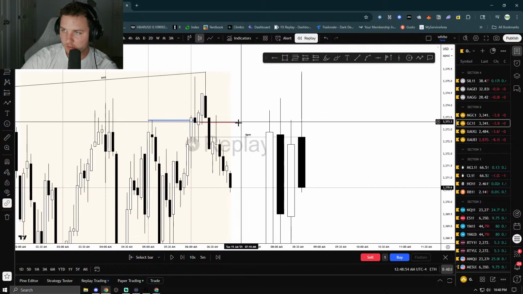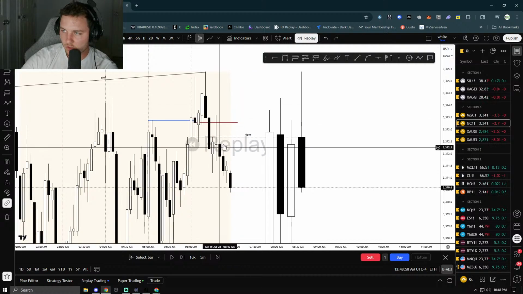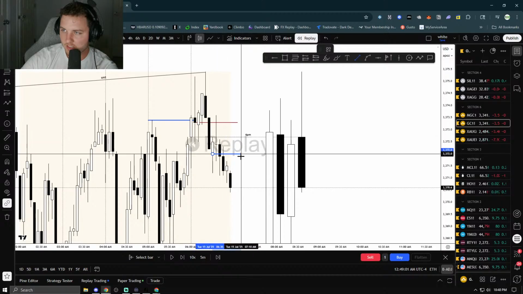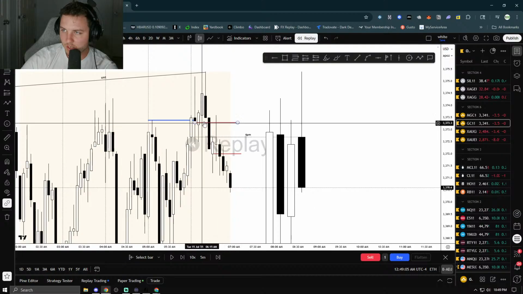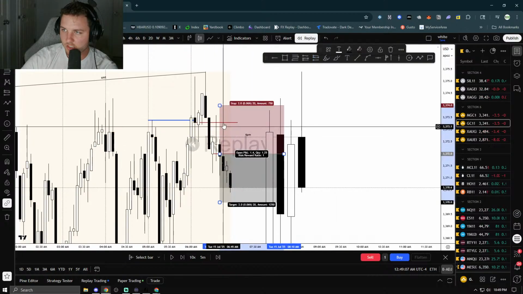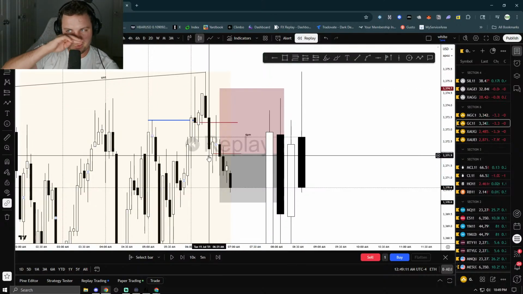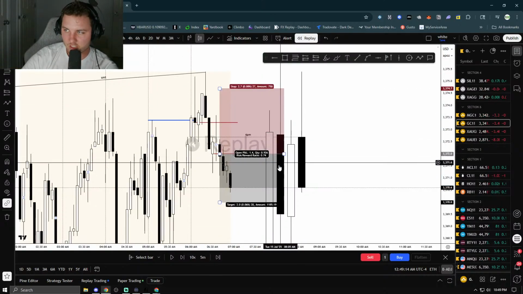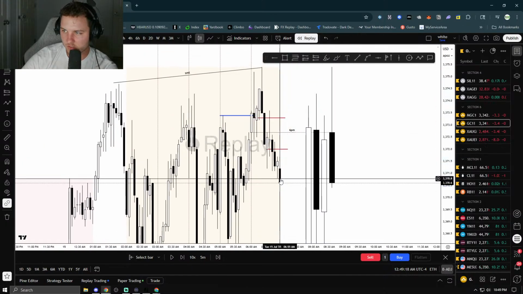So we create our first CISD and then we come up into what? Key level, close below, CISD. Okay. Ideally, we have an SMT in here, and then you could trade this. So this is more of the reversal signature because the 6 a.m. hasn't closed. So you could take this or wait for C3. So let's do that.